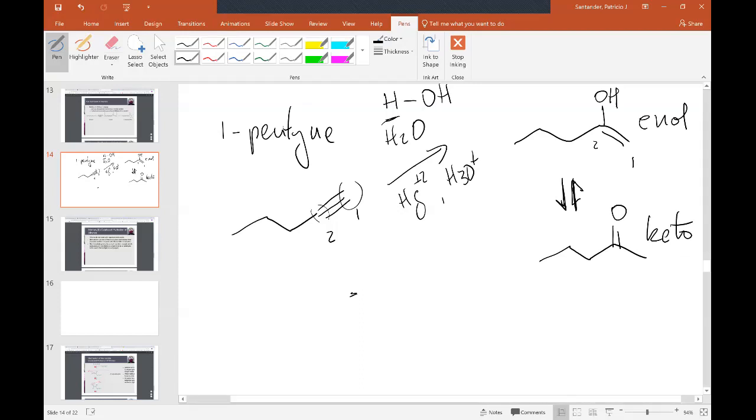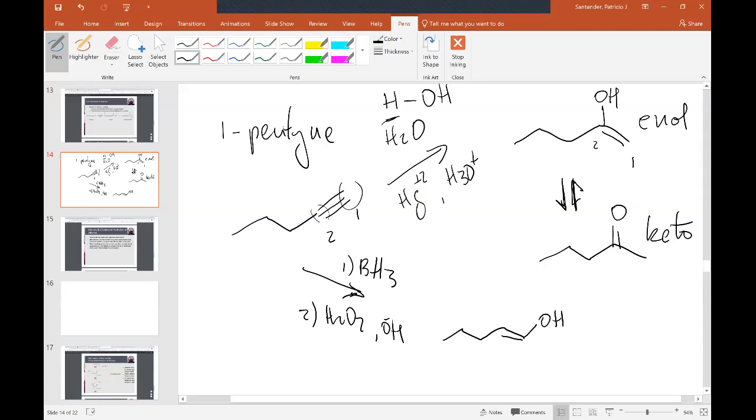How about if we were performing this reaction in the presence of BH3 and then followed by hydrogen peroxide under basic conditions? Because it's a non-Markovnikov process, the result will be that the OH will end up on the carbon atom that is on the tip of the molecule.